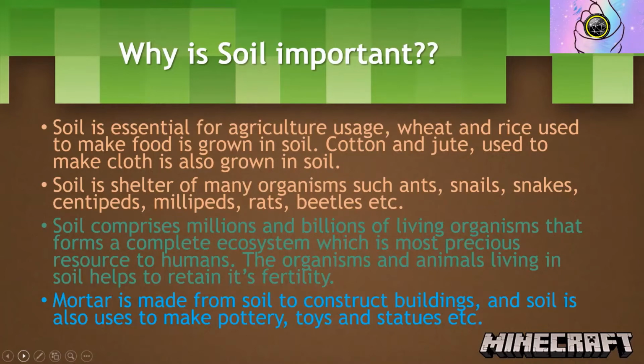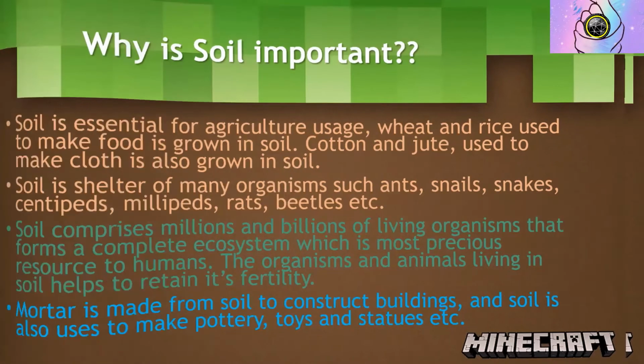The organisms and animals living in soil help to retain its fertility. Mortar is made from soil to construct buildings, and soil is also used to make pottery, toys, statues, etc.